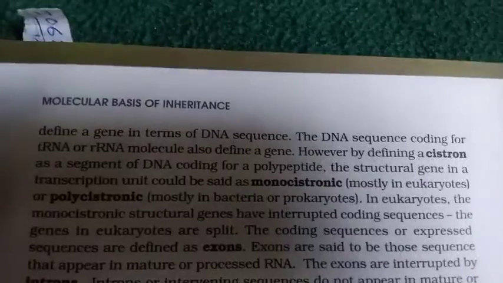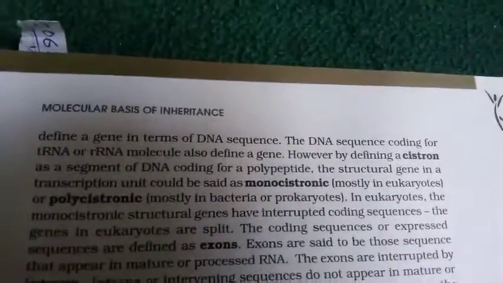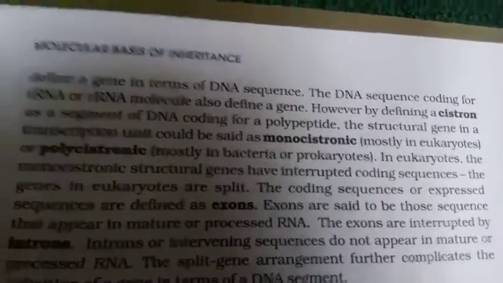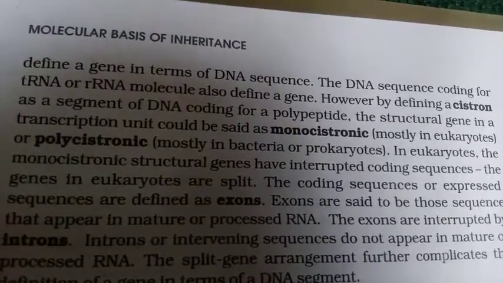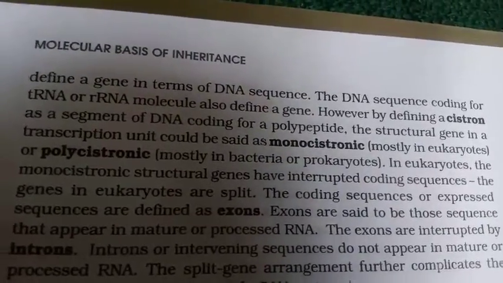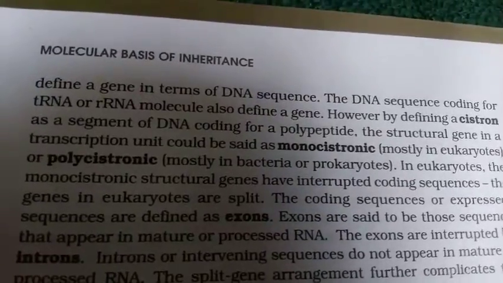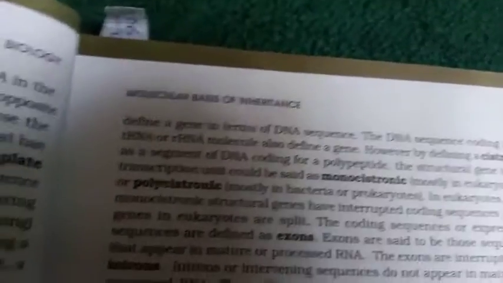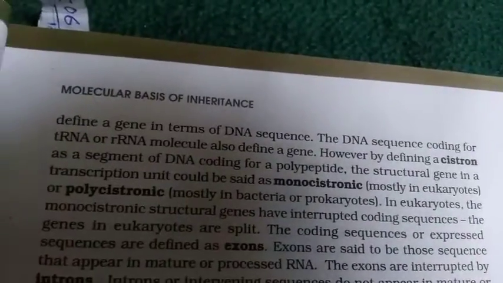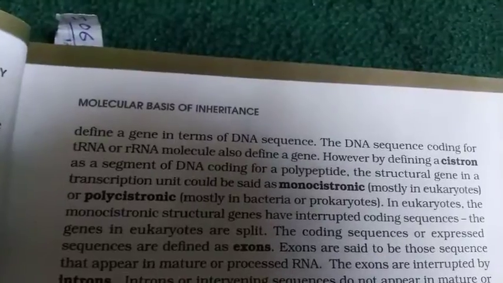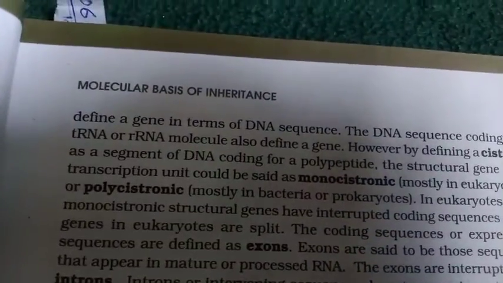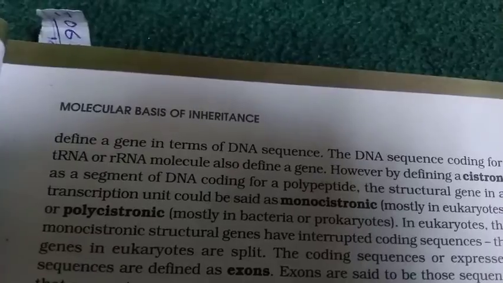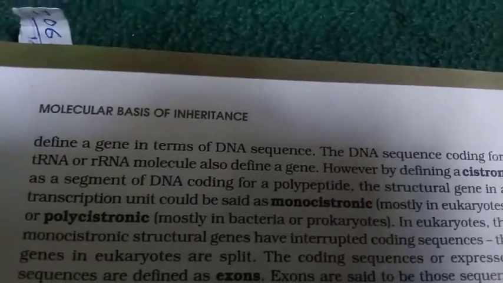The DNA sequence coding for transfer RNA or ribosomal RNA molecules also defines a gene. So not only the part that codes for a particular protein or carries a specific character is the gene, but also the DNA sequence coding for transfer RNA or ribosomal RNA molecules.